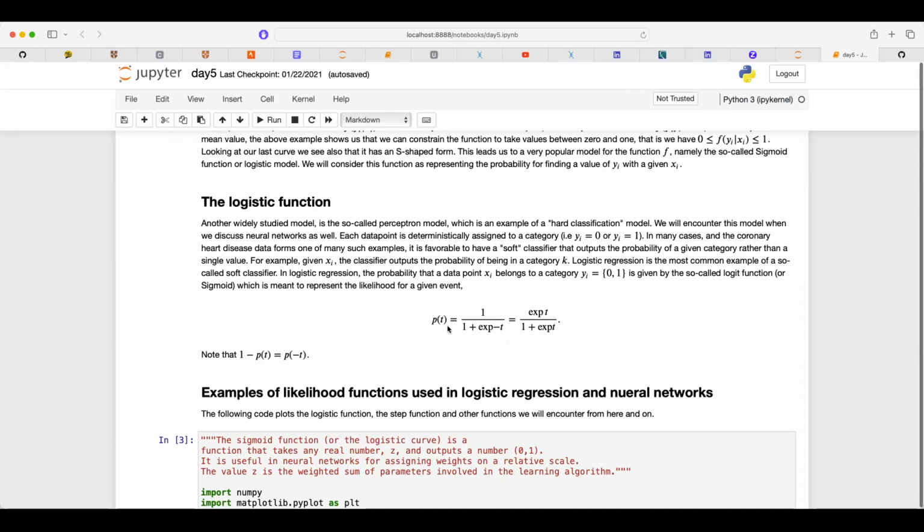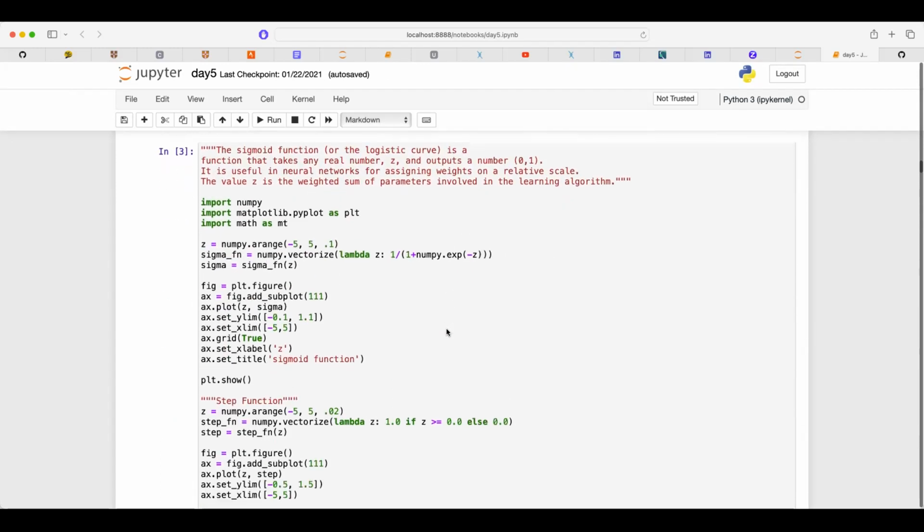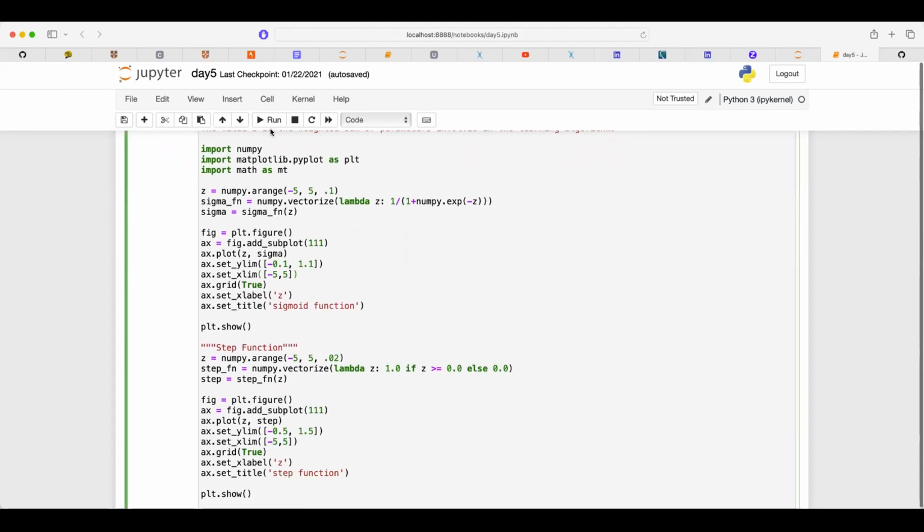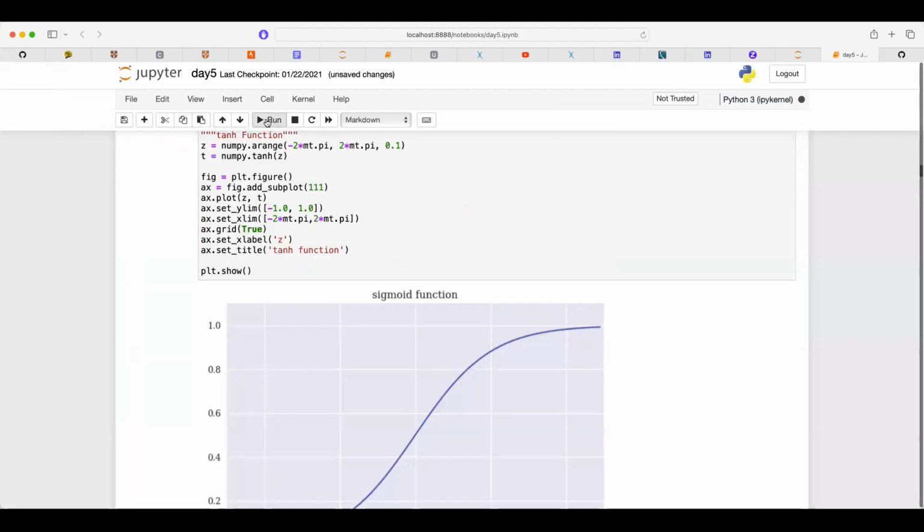So if you generate a value p of t, you would typically say that if that value is below 0.5, then you classify this as 0, or true, or false, or whatever you do. And if it's above 0.5, you would classify it as a 1, or a true case, or something similar. And as we discussed last time, there are different types of functions which we can use to perform this kind of fitting.